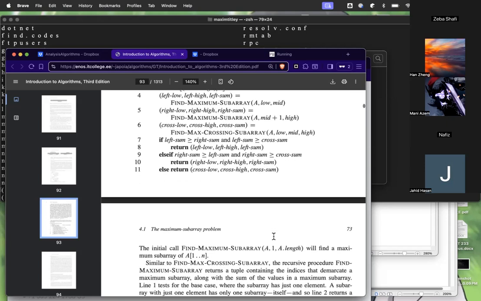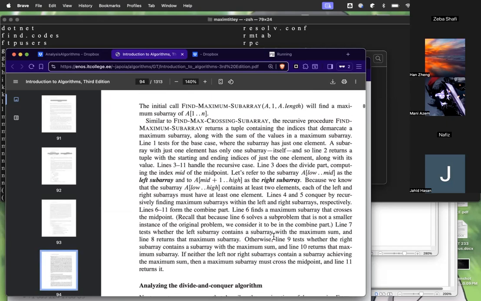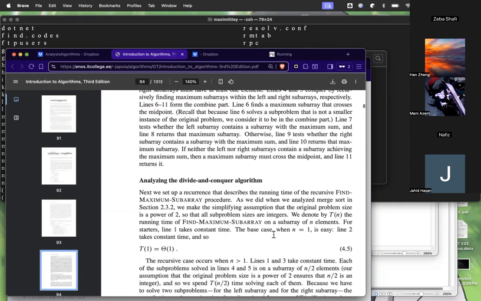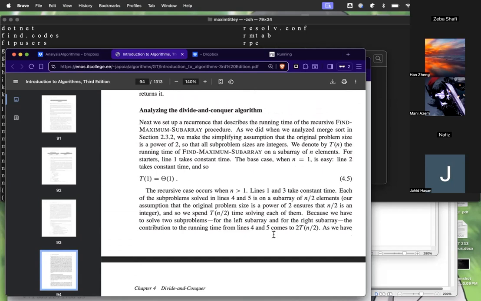So now moving further down, we get the following. Here we have the divide and conquer analysis of algorithms, all right? Now, does anybody remember how an algorithm is defined?